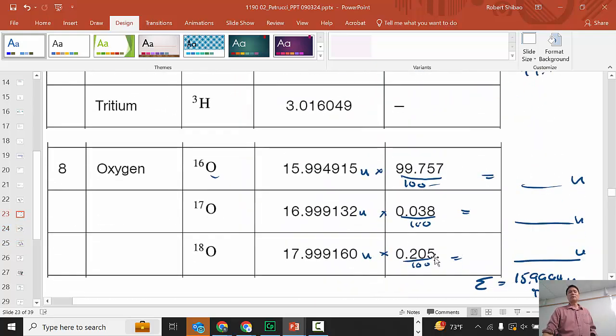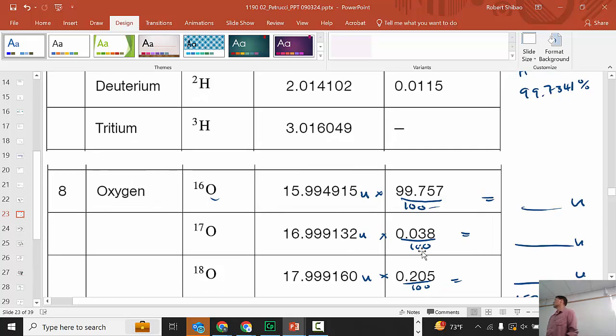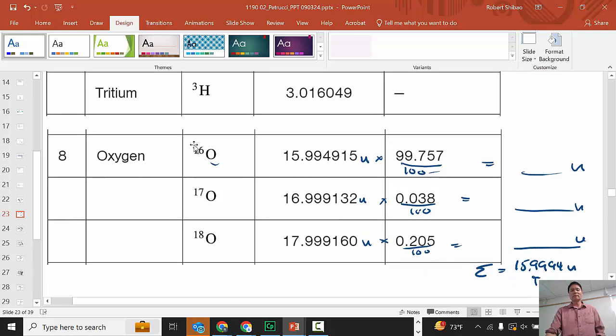The smallest peak will be H2 combined with which oxygen? O17. So it's going to be H2, H2, and then O17. That's going to be the smallest peak. It's going to be quite small, but mass spectrometers are very sensitive, so we would be able to see that.